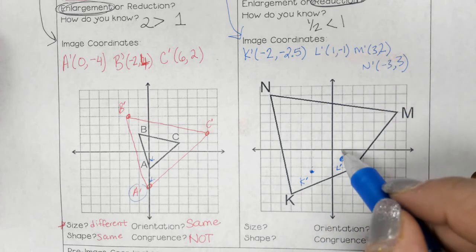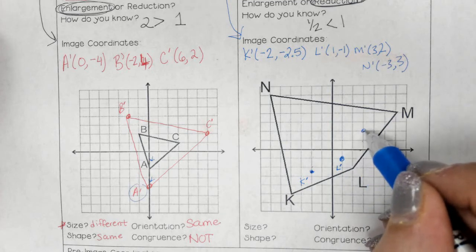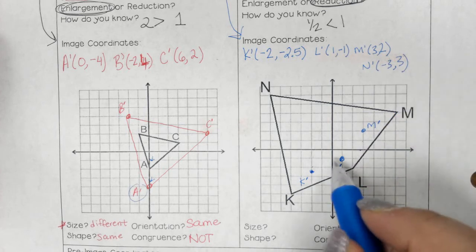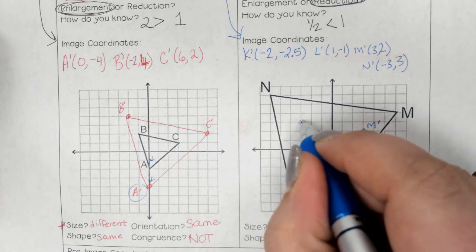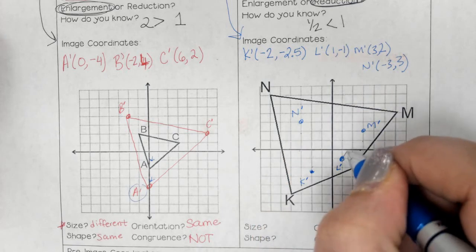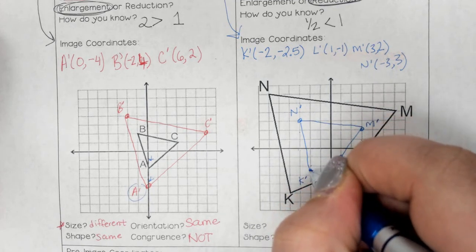M prime is positive 3 to the right, positive 2 up. N prime is at negative 3 to the left, positive 3 up. And now we can connect those ordered pairs, those points.